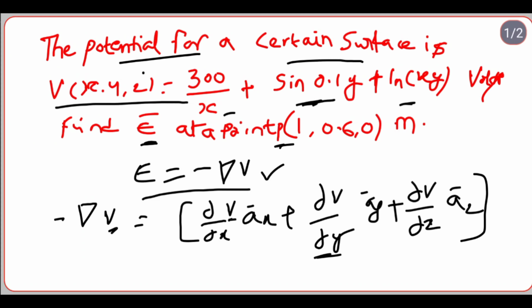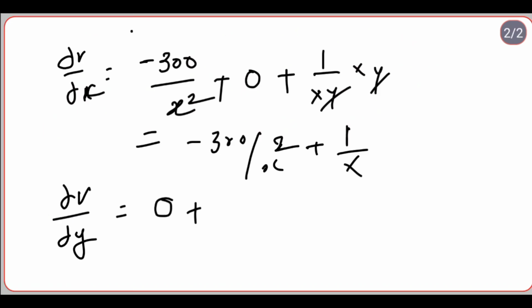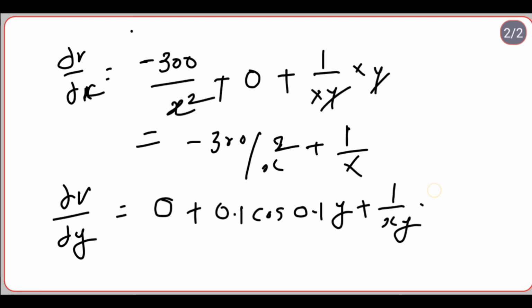Plus the differentiation of ln xy, which is 1 by xy into x; x gets cancelled. That equals 0.1 cos 0.1 y plus 1 by y, which is dou V by dou y.